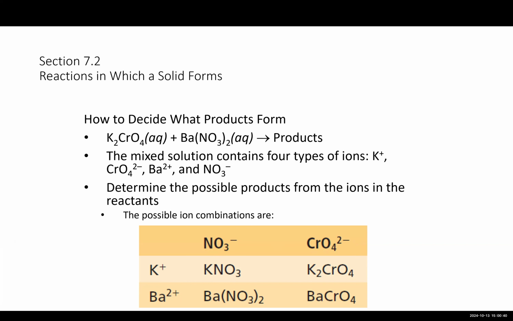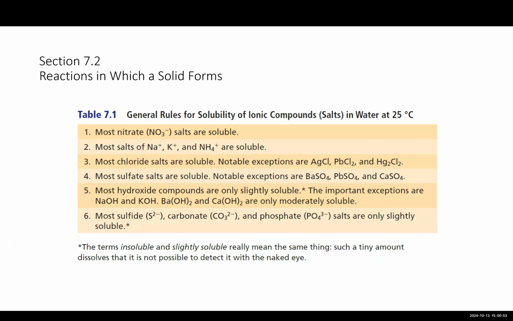Whichever has the stronger attraction, they want to be together and they don't want to interact with the water. Then they will make the solid form. There are rules for solubility, and these are the general rules.